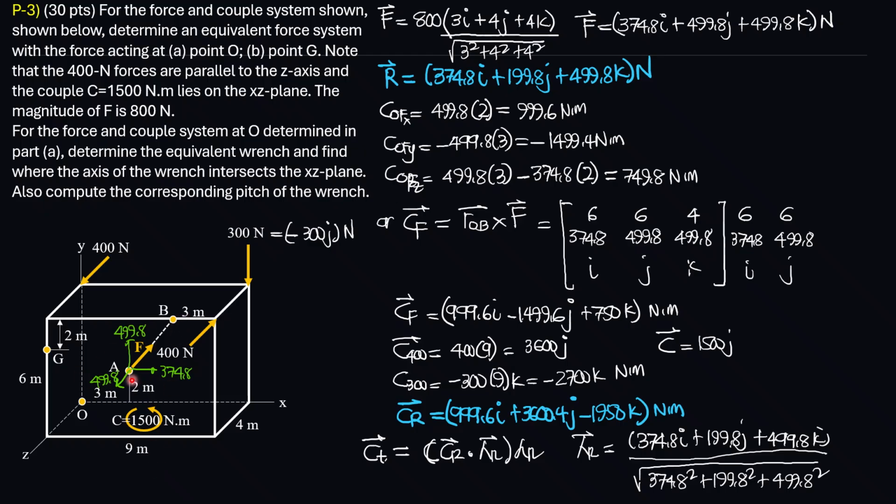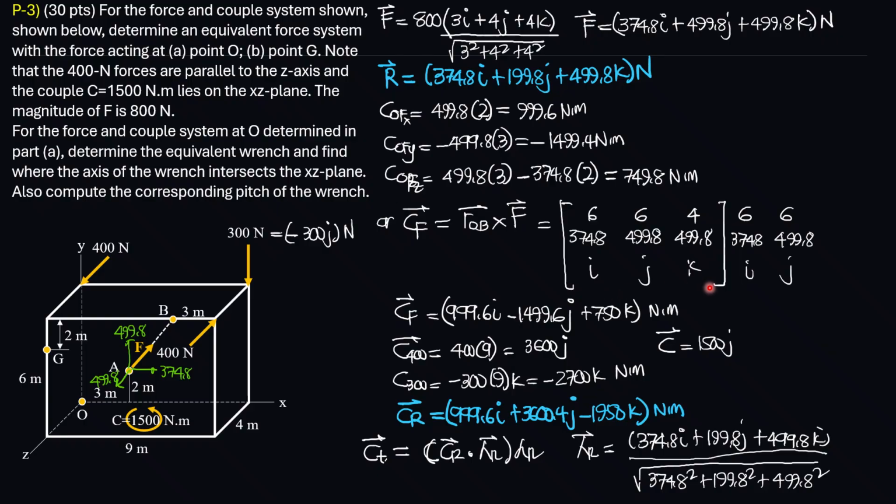So ROB, from O to B, that's 6. Then upward, 6. Then forward 4, this 4 here. A is on the XY plane, take note. Then the components of the force, namely 374.8, 499.8, and 499.8, positive.